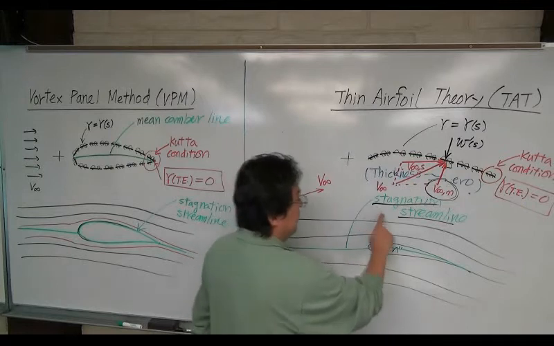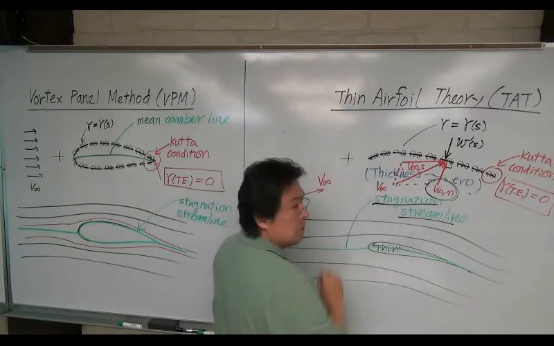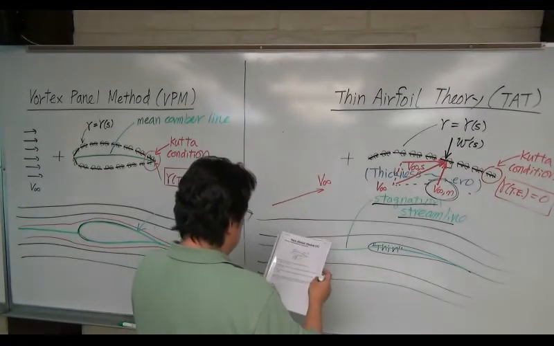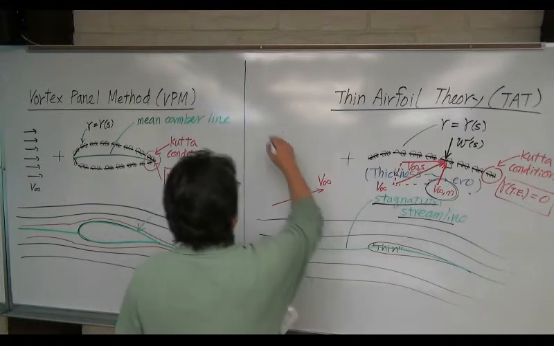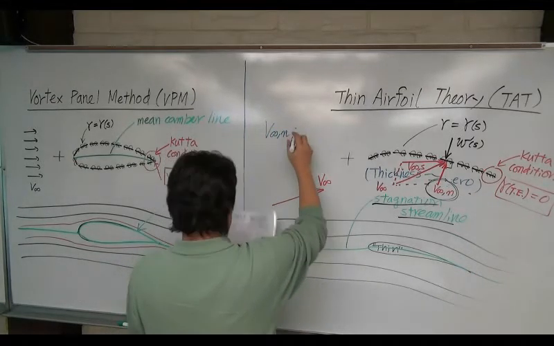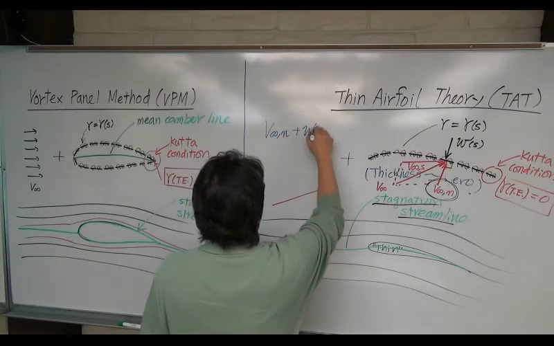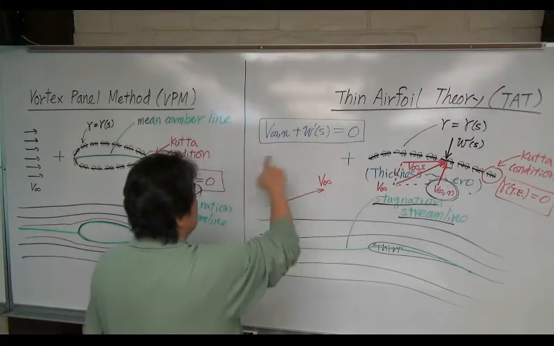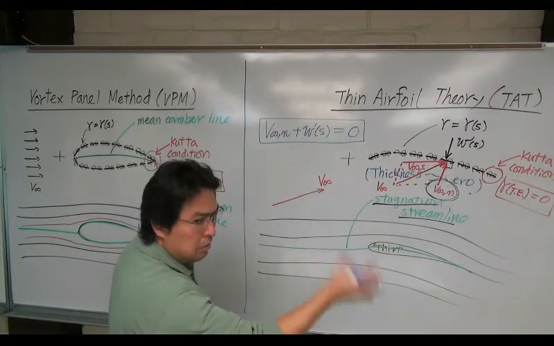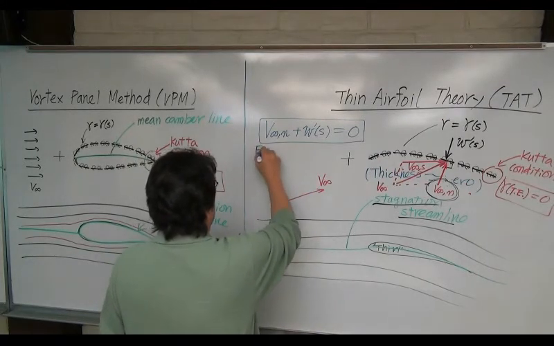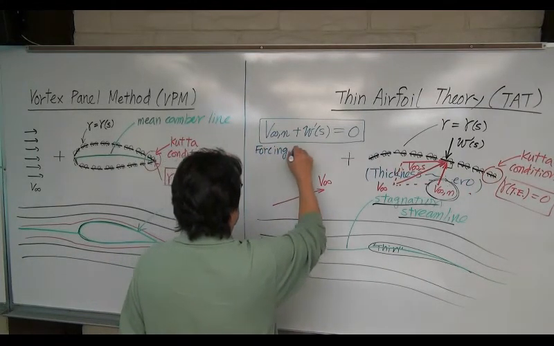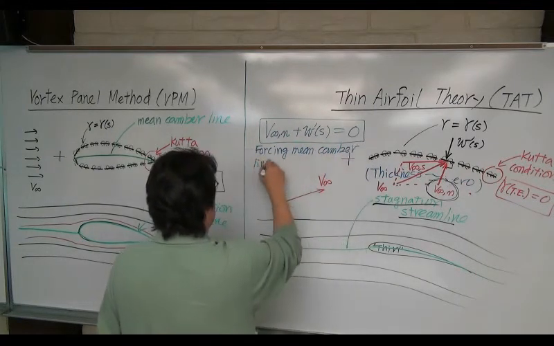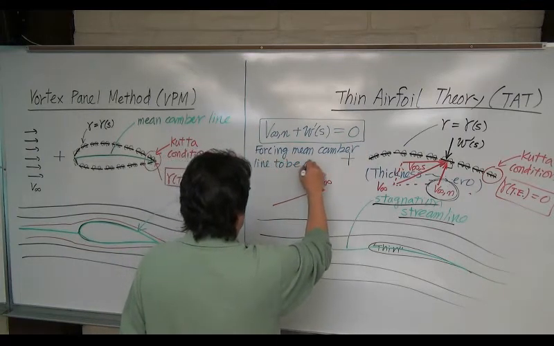That is essentially making the mean camber line become a stagnation streamline. Mathematically speaking, V infinity N plus W prime S must be equal to 0. You are going to satisfy this condition at every single location of the panel, forcing the mean camber line to be a stagnation streamline.